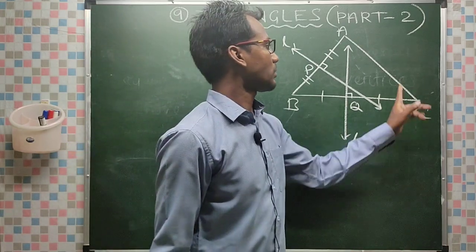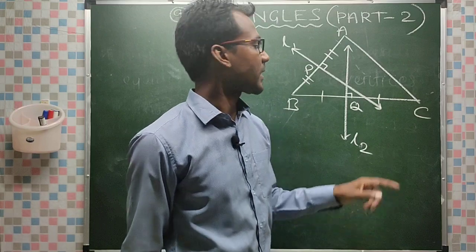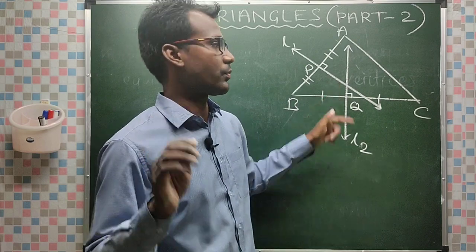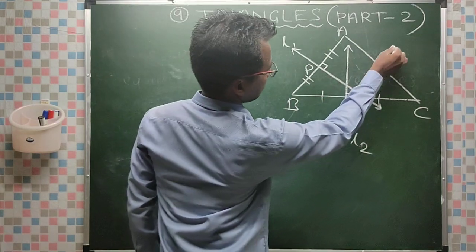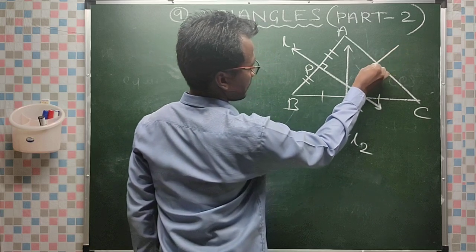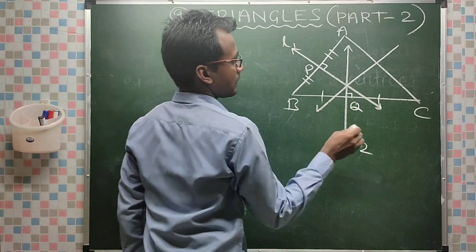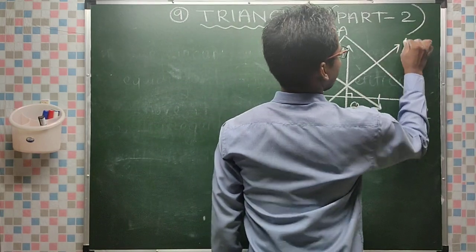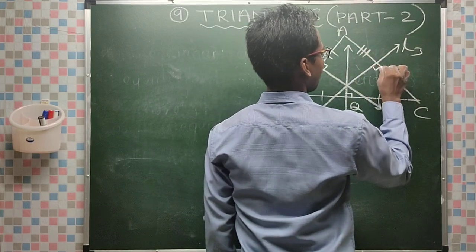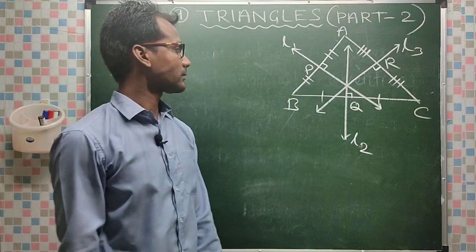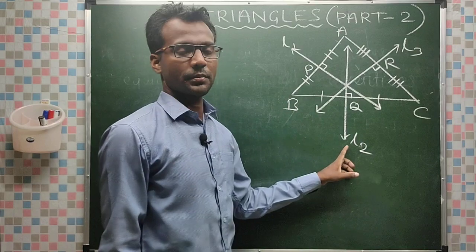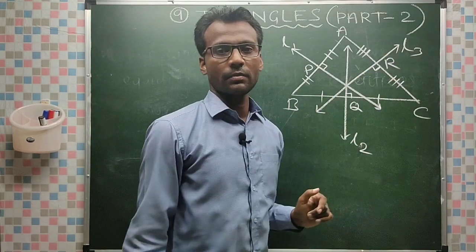Now, if you draw the perpendicular bisector of AC, it will definitely pass through this point, because perpendicular bisectors are always concurrent, means they pass through the same point. L1 is the perpendicular bisector of AB, L2 is the perpendicular bisector of BC, L3 is the perpendicular bisector of AC.